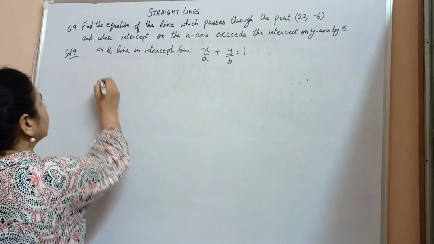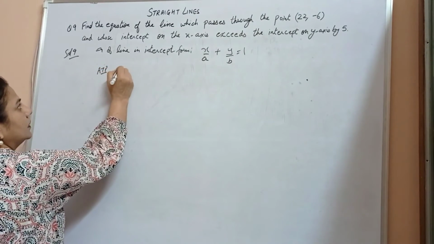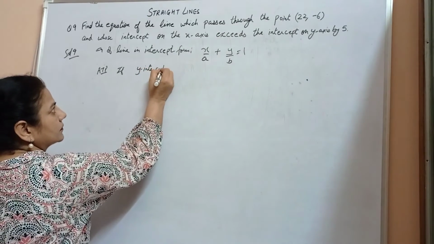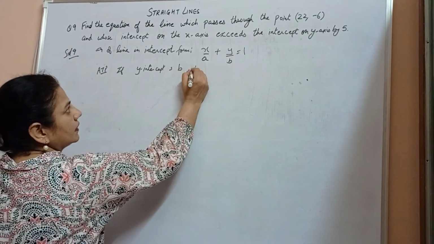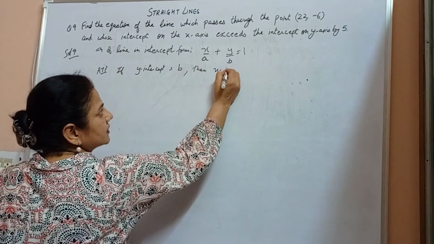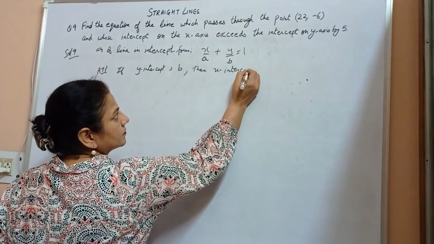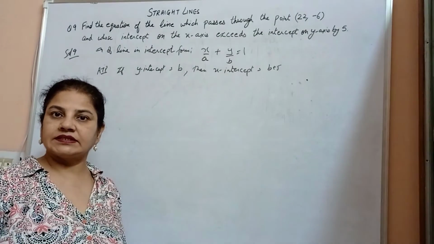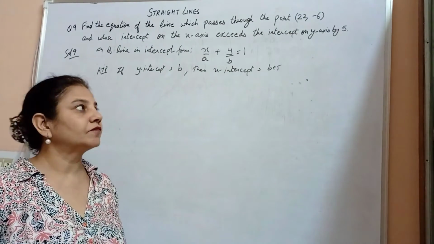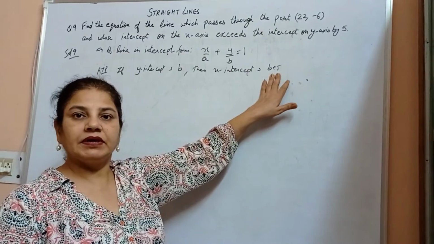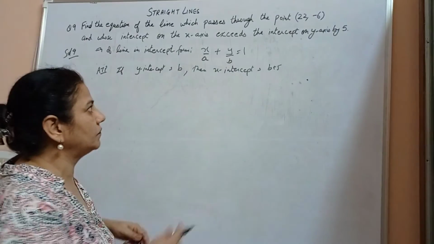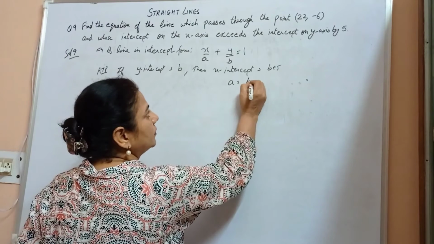Now, according to the problem, if the y intercept is b, then the x intercept will be b plus 5, because the x intercept exceeds the y intercept by 5. So a is equal to b plus 5.